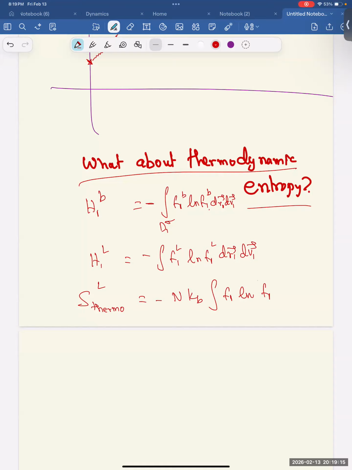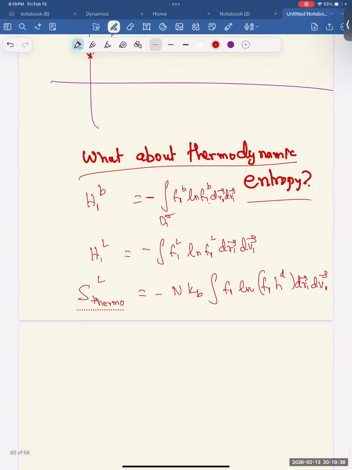And there is a little factor here that has something to do with the volume of the phase space, but I'll just write it. So this is thermodynamic entropy. You can ignore these two for a given system. So it is very much related to the quantities that we've been seeing earlier. In any case, that is really what I wanted to say here.